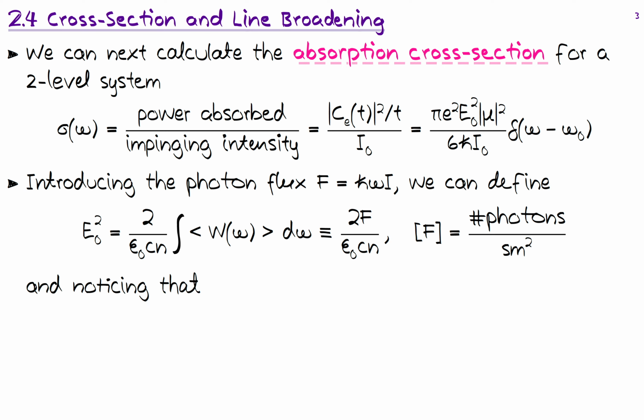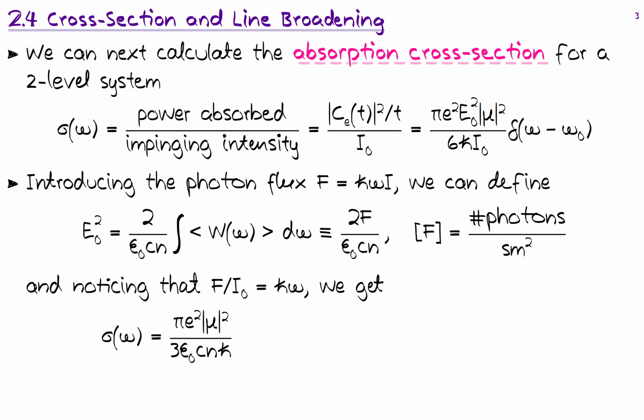Now we can note that F over I_0 is essentially h bar omega. We can write the absorption cross-section, sigma as a function of frequency, as 2 times e squared times the dipole moment squared, over 3 times epsilon naught times the speed of light times the refractive index n times the reduced Planck constant h bar, times the laser transition frequency omega naught, times a delta function, so that something happens when we are hitting the right frequency of our substance.